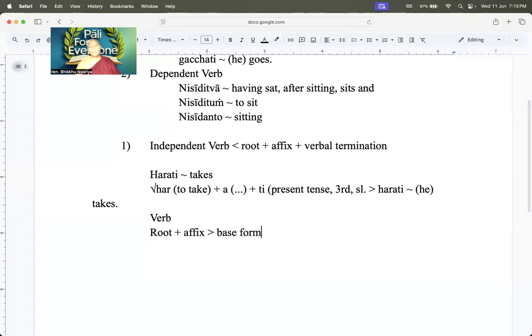We call it base form. So for example, the root har also means to take. And then the affix is a, so we get hara. Here you see, the root har means to take, but the affix is meaningless. That is why, even though it is hara as a base form, the meaning of the base form is also the same as the root, just to take. Nothing changed yet.